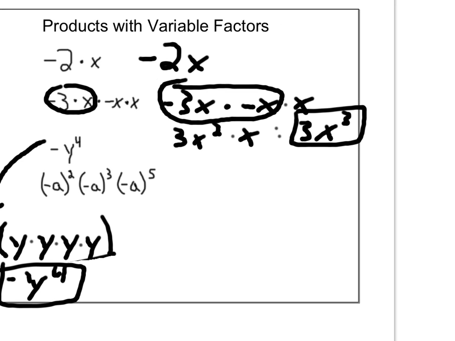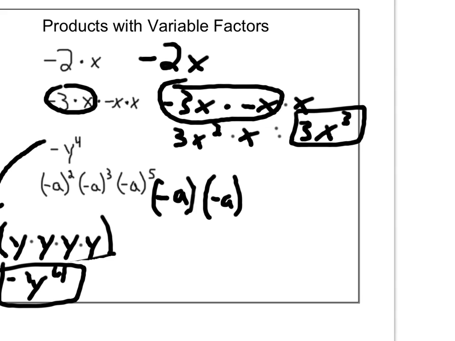Now, let's look at this example right here. The opposite of a squared times the opposite of a to the third times the opposite of a to the fifth. So basically, the opposite of a squared is the opposite of a times the opposite of a. Okay?